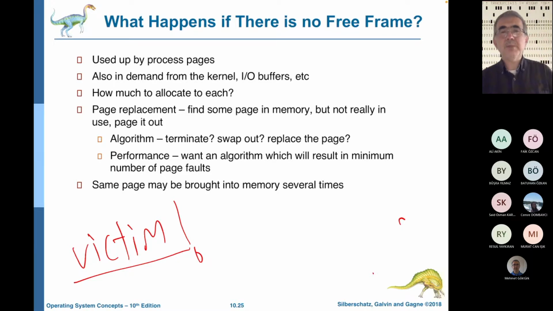Also, the same page may be brought to memory multiple times. And we ask this question in the exams, and I believe it will come in the final exam as well.